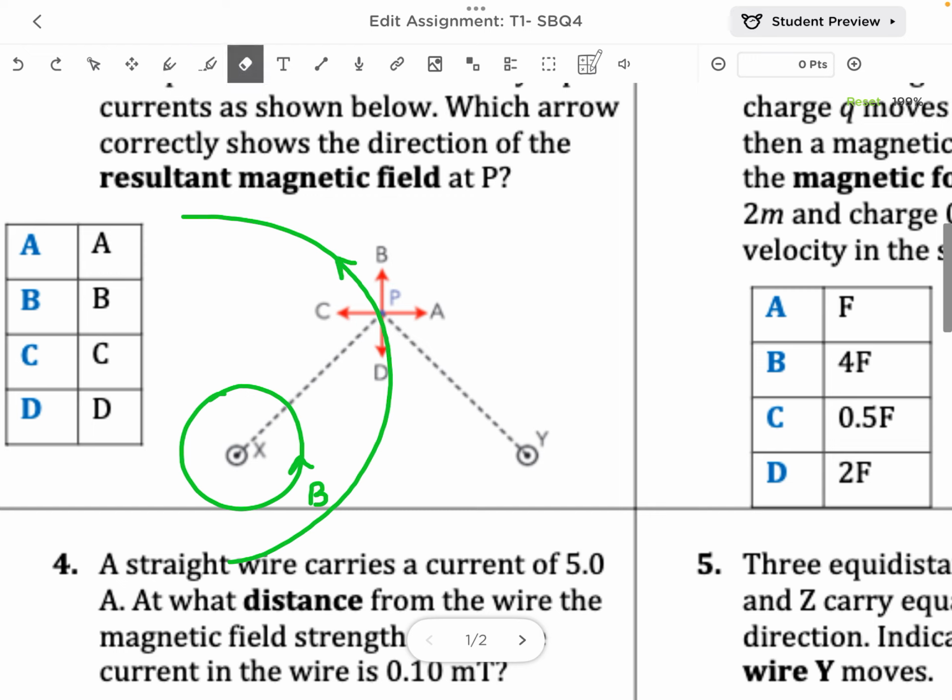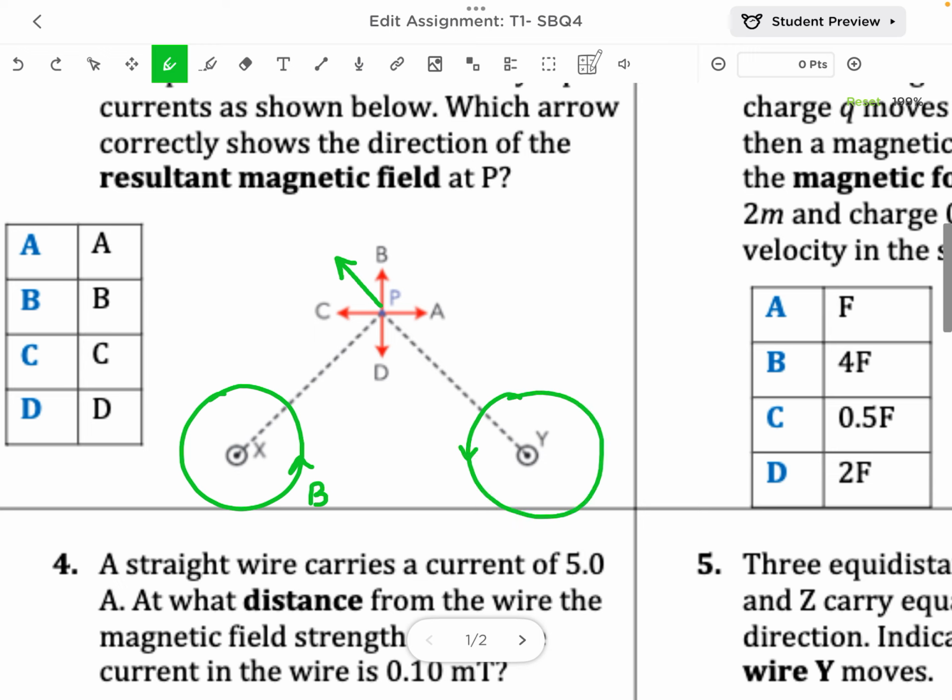Okay? So it's like so. The second one also, how is it? Counterclockwise. When it is curling, how is it?